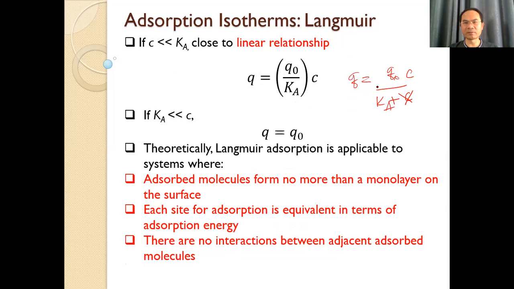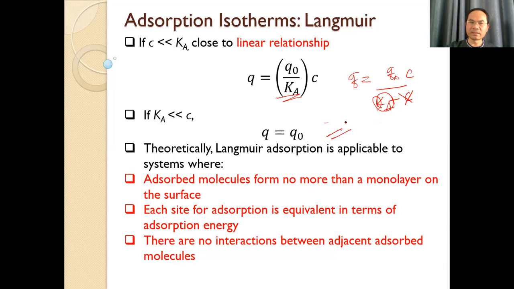You get Q equal to Q0 C divided by Ka, a linear isotherm where Q over C is constant. Also, if Ka is very, very small compared to C, you can cancel it, and Q0 multiplied by C divided by C means Q is constant.